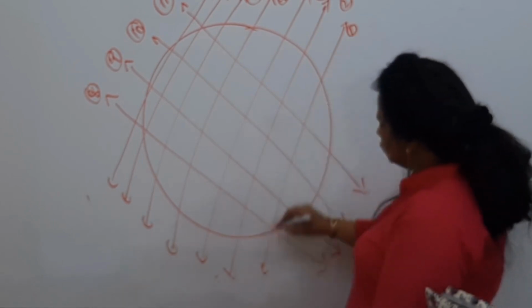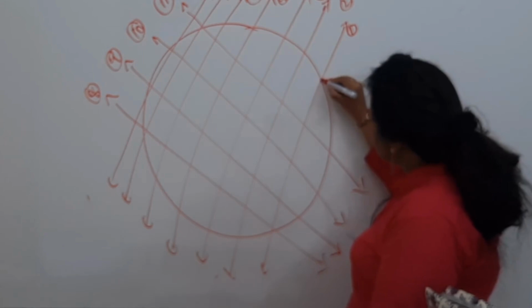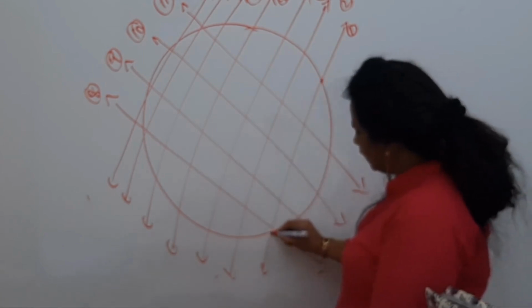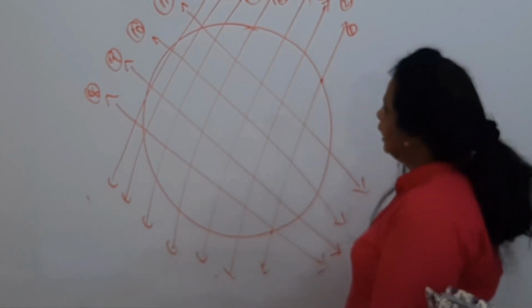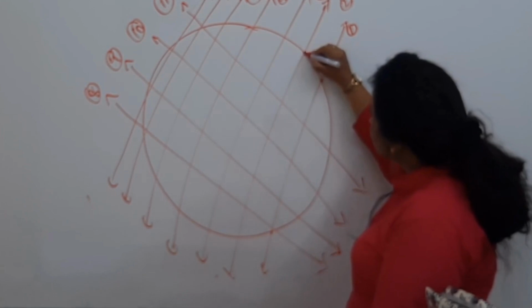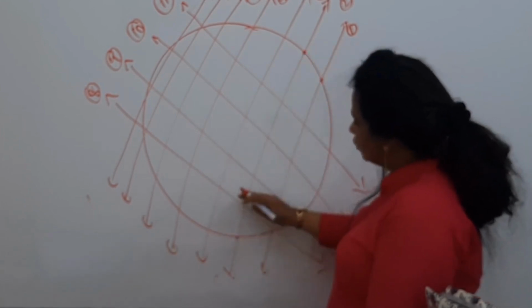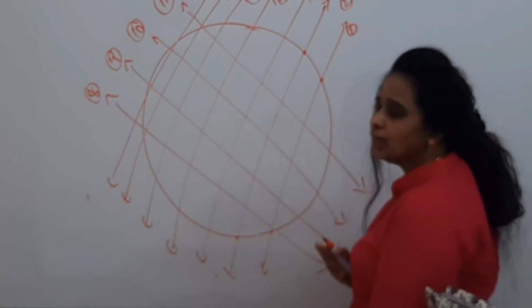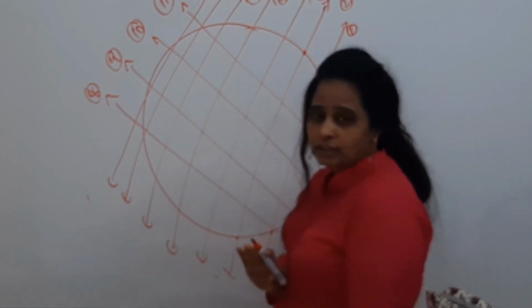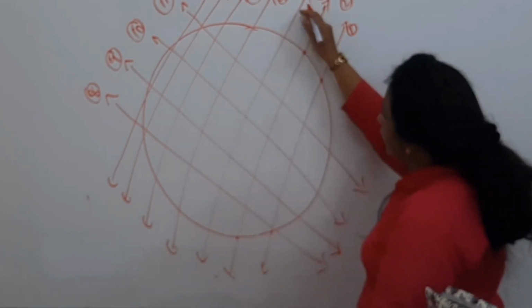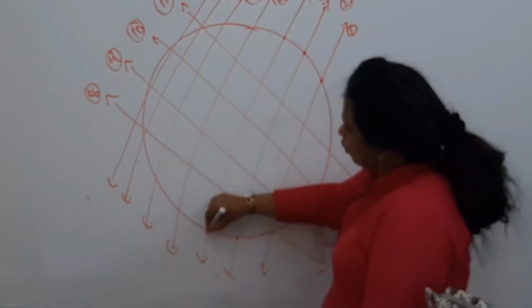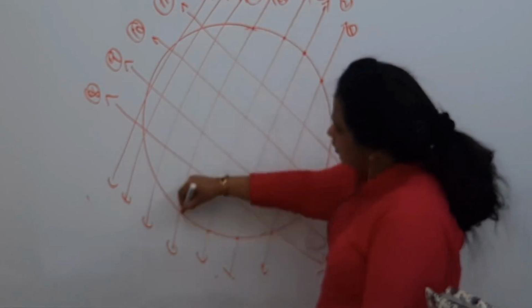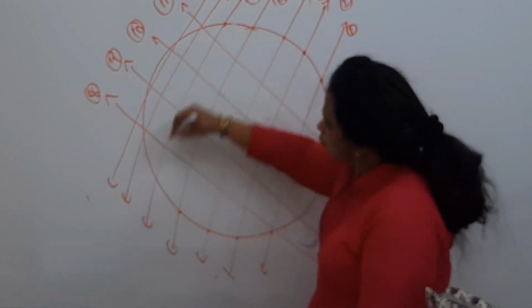This line passes through the circle and touches the circle at one point here and the other point here. And the second line also touches here and here. We are not considering the points inside the circle. That is not our concern at all. So, you take any line, all these lines are touching the circle at exactly 2 points.